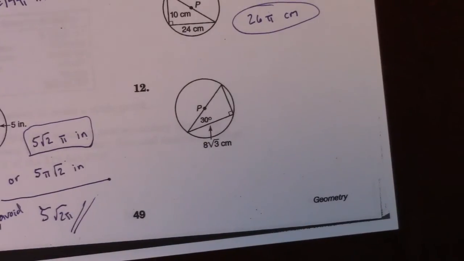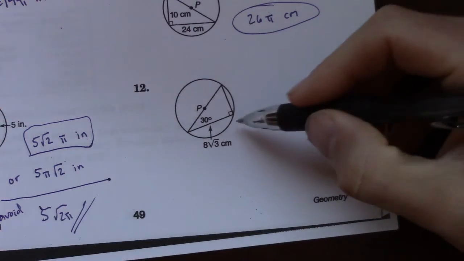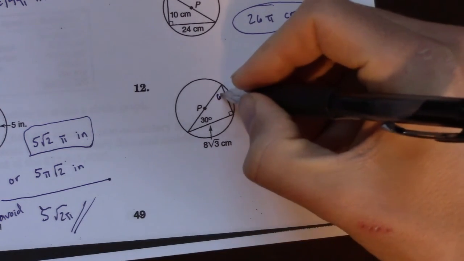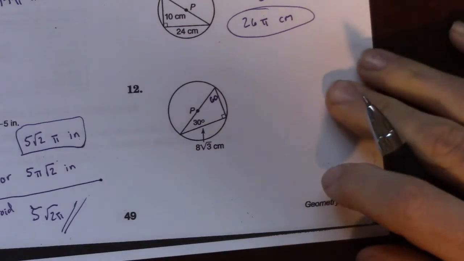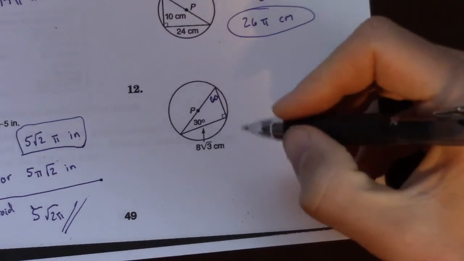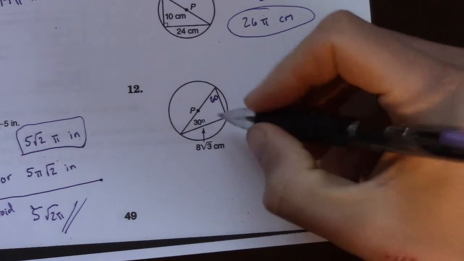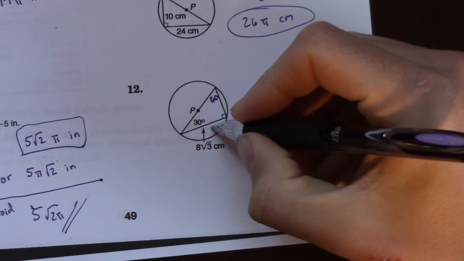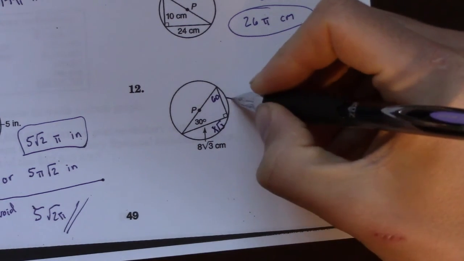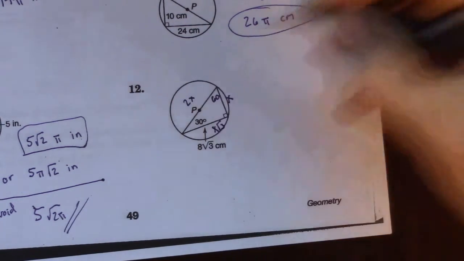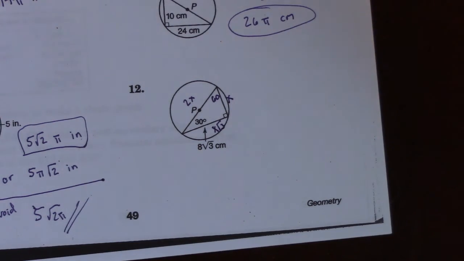So then I come over to 12. Oh look, 30, 90. Guess what? It's probably a 30, 60, 90. Oh look, another blueprint. So if I'm looking at this one right here, 30, 60, 90, 8 root 3. You might remember the blueprint has x root 3, x, and 2x as your ratio of sides.